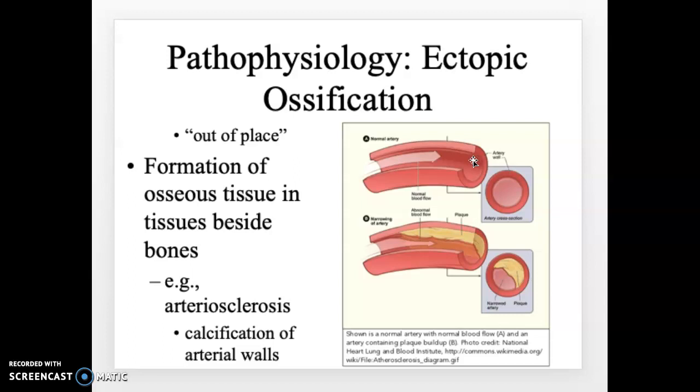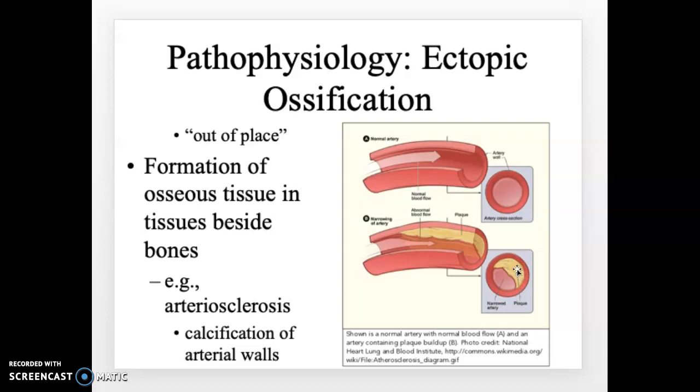The problem is inflammation and damage to the lining of the artery can cause this plaque formation of calcium, and it will start decreasing the size of the hole that blood can go through. And this decreases blood flow to the rest of the body, and that can be a huge problem.